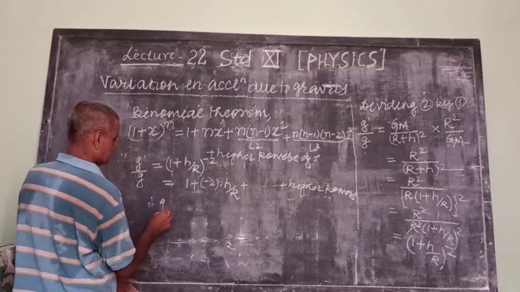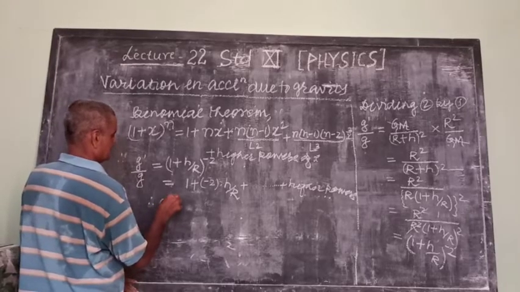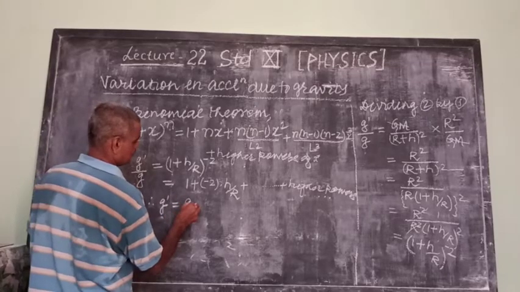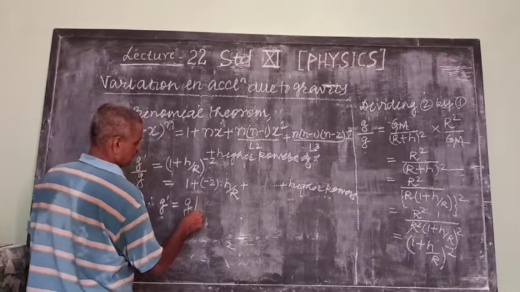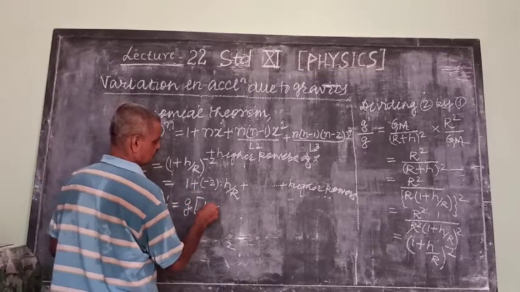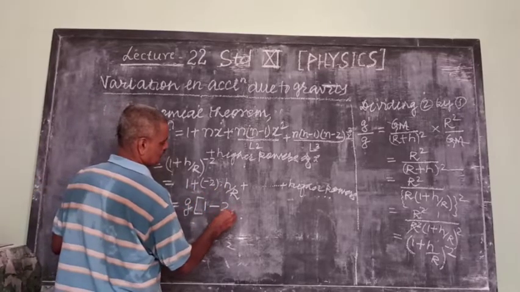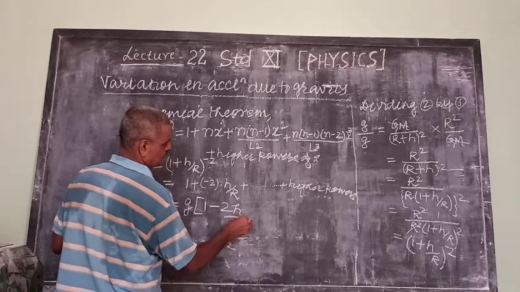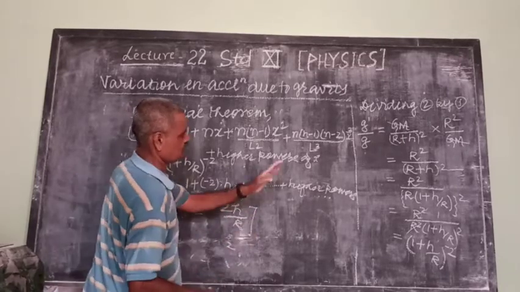Therefore, g dash can be written as g times (1 minus 2h by R plus higher powers).